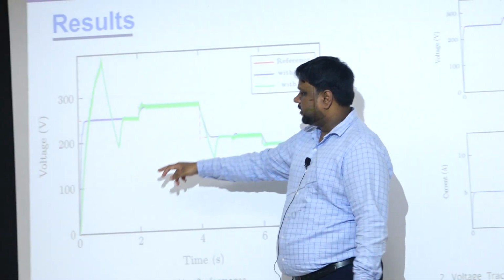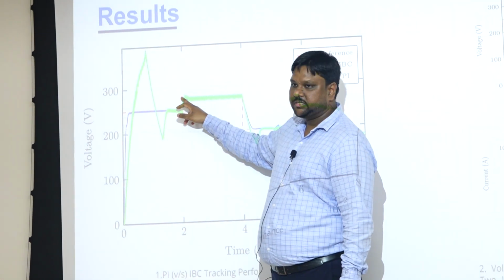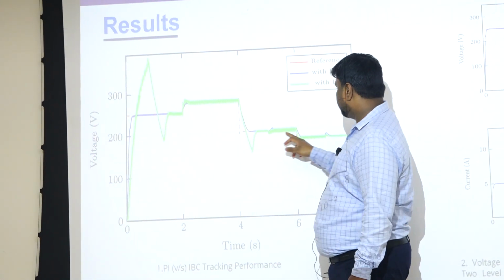These details you can see from this paper, and in the results there is a comparison. If you see the output voltage tracking between a backstepping and a PI controller, the red color is the reference; your reference started from here, stepped up, then stepped down and again stepped down.